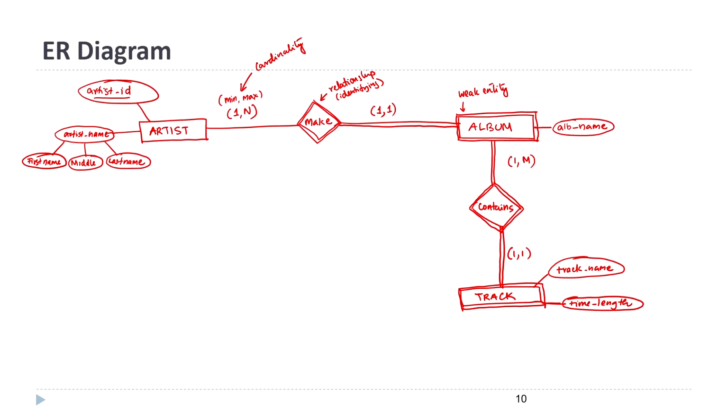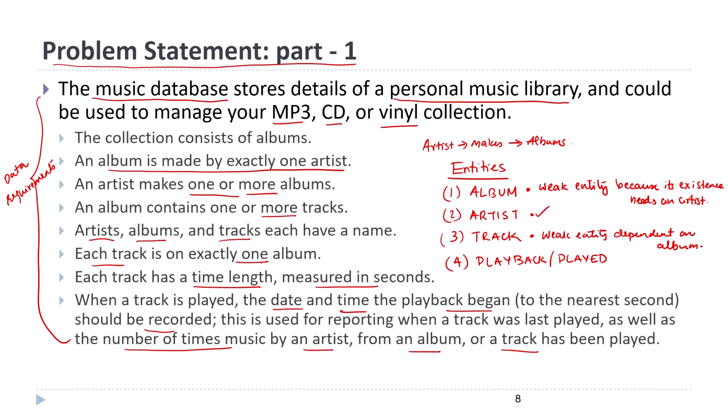So, the played entity is taken, and I am going to take the played one. I am just using played, or you can call it playback if you want. So, it is the played entity, right. And the important information here is when a track is played, the date and time the playback begins is to be stored.